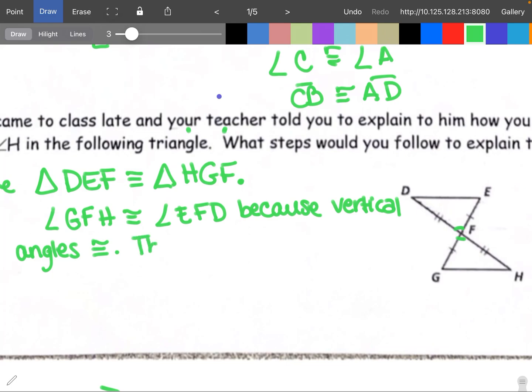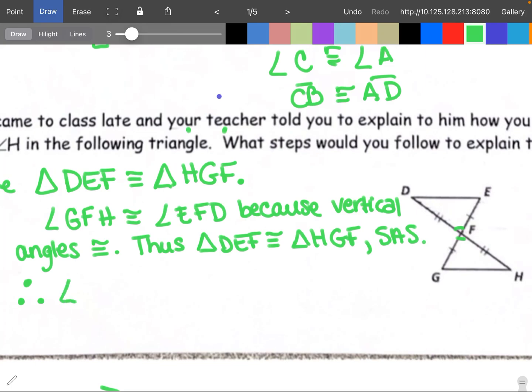Therefore, or thus, triangle DEF is congruent to triangle HGF because of side angle side. So we are using that again. Therefore, remember that symbol means therefore?